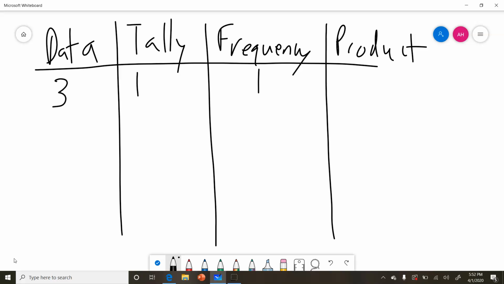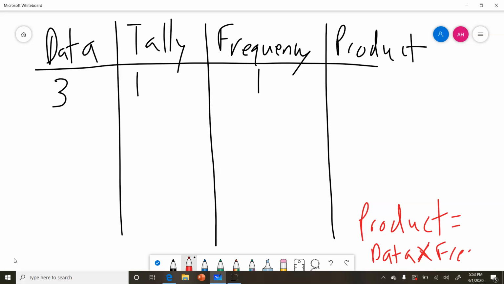Then the product equals data times frequency. So we're going to take this one and multiply it by this one.